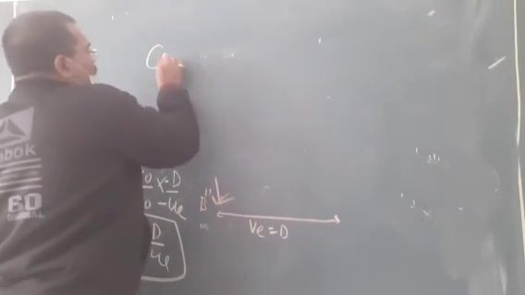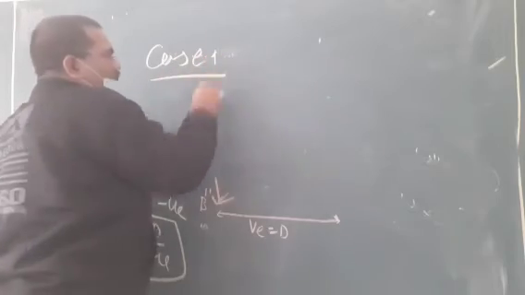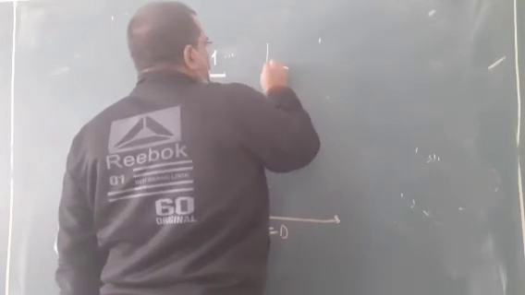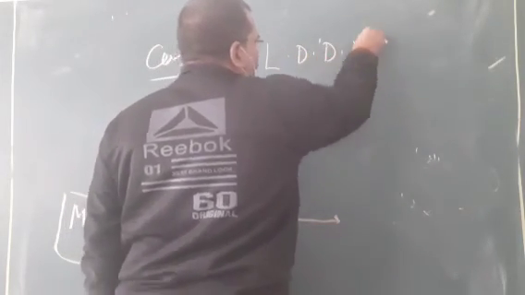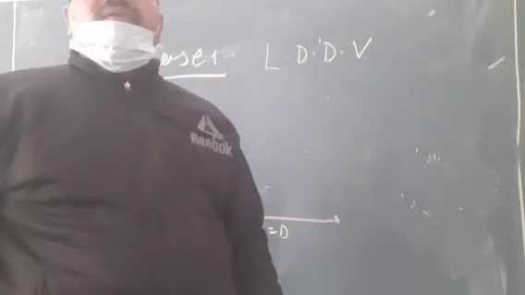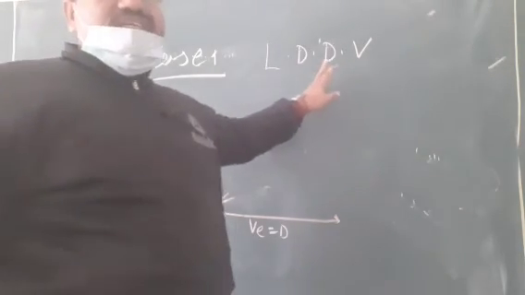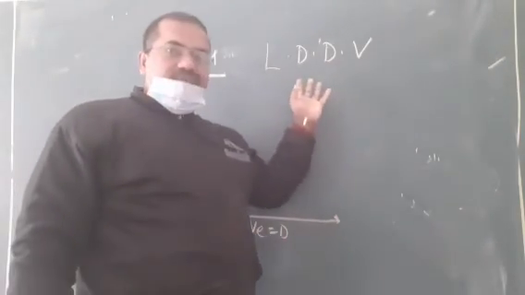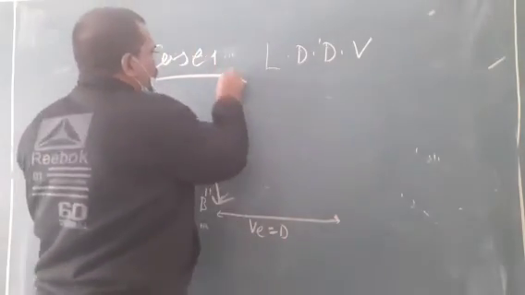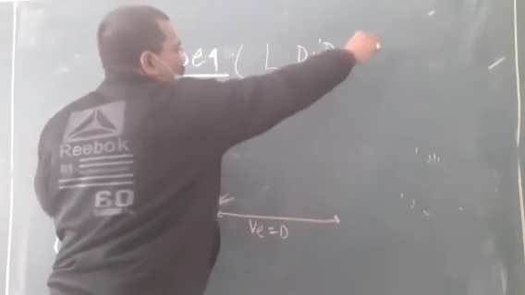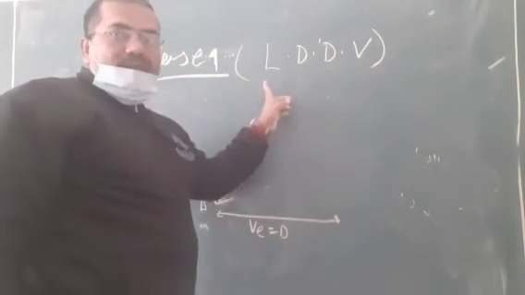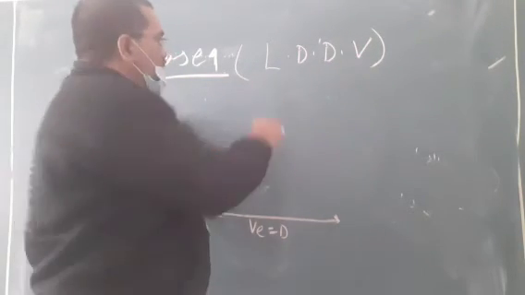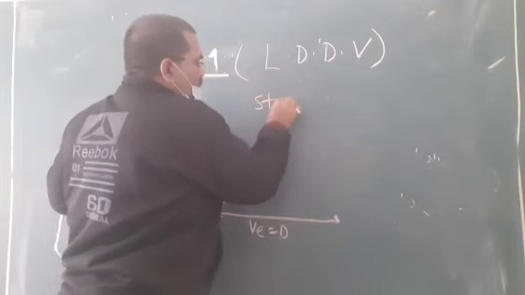Write it down. Case 1. When the final image is formed at the least distance of distinct vision, that is 25 centimeter. This is the case of maximum magnification, and this is the case of strain eye position.